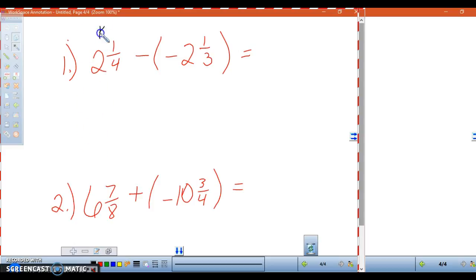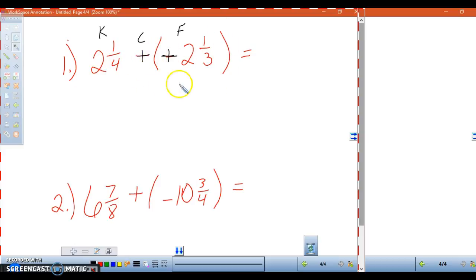So keep the first one, change this to addition, flip this to its opposite, which is a positive, and then add like we would a normal integer, right? Now we have 2 1/4 plus 2 1/3.